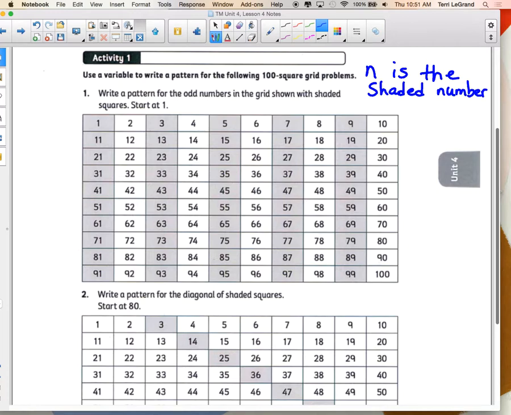So you need to write that. N is the shaded number, because that's how we're going to describe our pattern: what do we have to do to N to get the next shaded number. So see if you can figure out the pattern. What's going on when you go from one shaded number to the next in a 100 square grid?